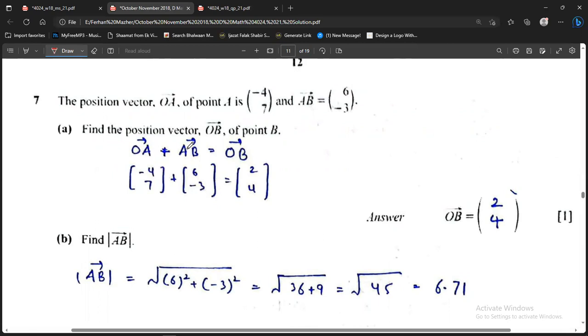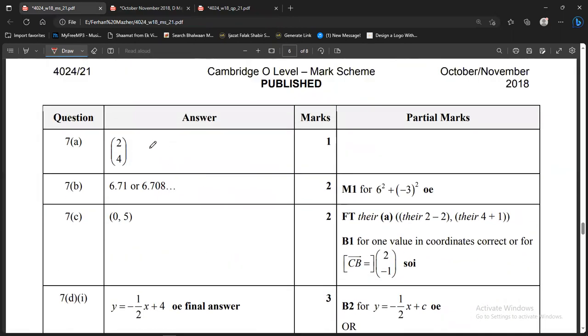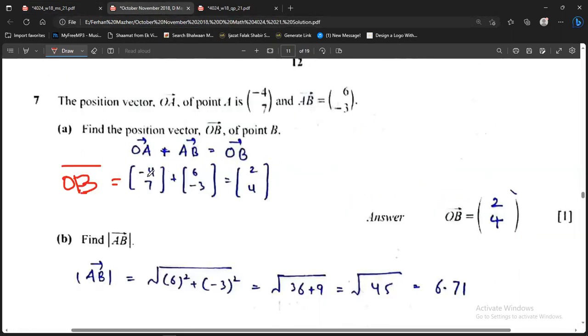So the OB will be equals to -4 plus 6, that's 2. 7 plus -3, that is 4. 2 and 4. Yeah, 2 and 4 is the right answer, sir.